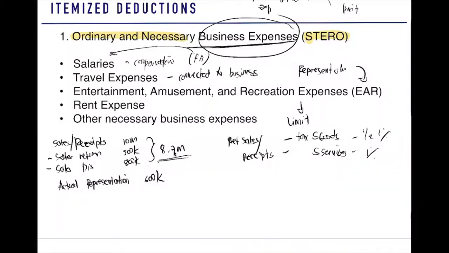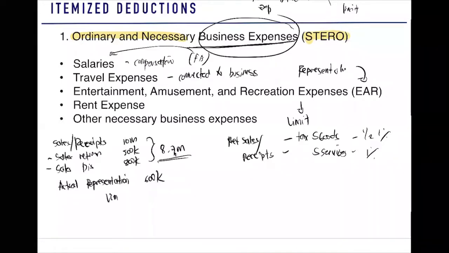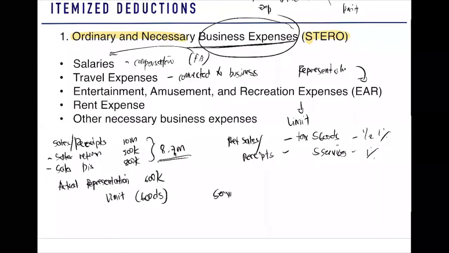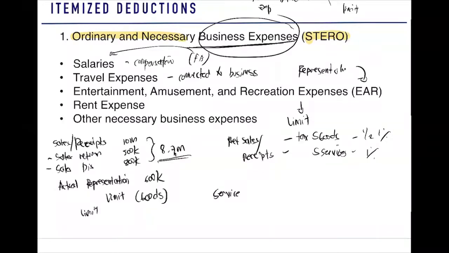So 8.7 million. So what is the amount of your limit if you are a seller of goods and a seller of services? Okay. So to compute our limit, for a seller of goods, that is 1/2 of 1% of 8.7 million.